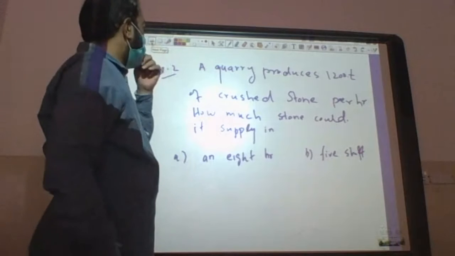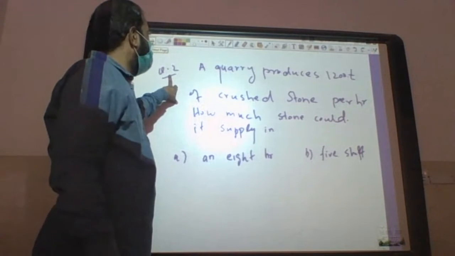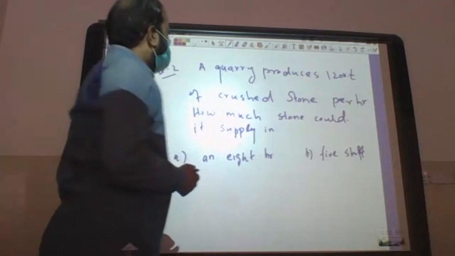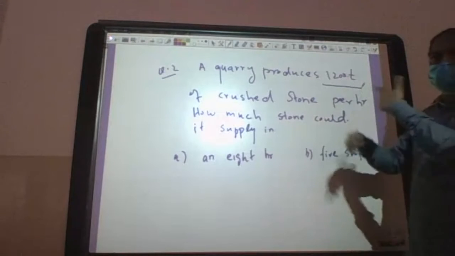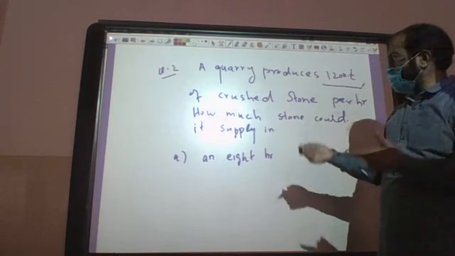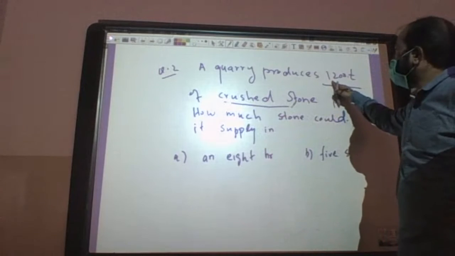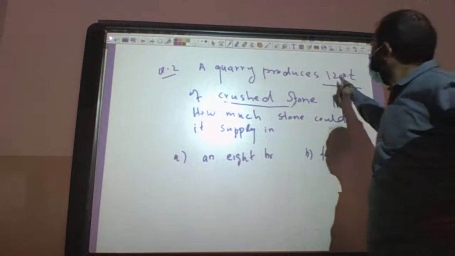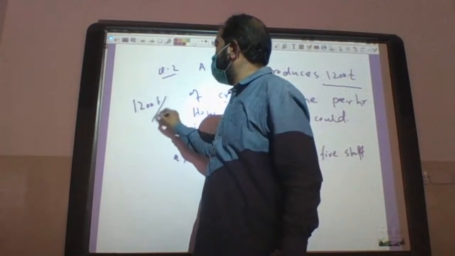Okay. This is question number 2 from your exercise. There is a machine that crushes stone, 1200 tons per hour. So what I have deduced from here is 1200 tons per hour.